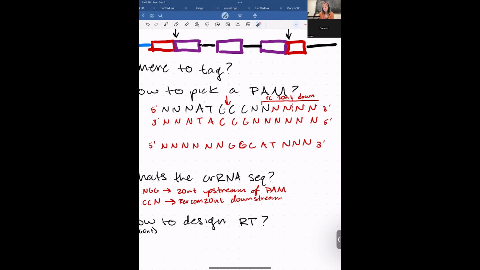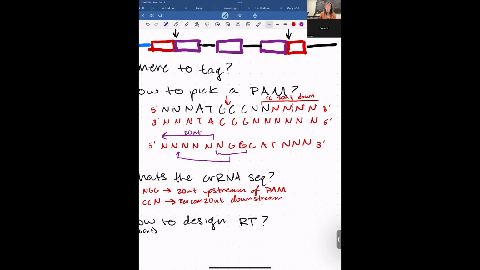And looking at this strand, so the strand opposite of this starting DNA sequence that has the CCN PAM, we can pretty easily see this would be the PAM here, NGG, and the cut would be 3 nucleotides upstream here. And then the CRISPR RNA sequence would be the same as these Ns here, so 20 nucleotides upstream.